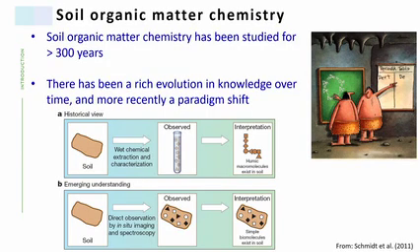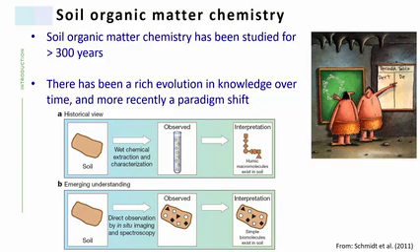In the top panel, you can see that historically, because of the lack of high-resolution methods, researchers concluded that soil organic matter was made of humic substances. And this was an accepted theory for decades and decades.